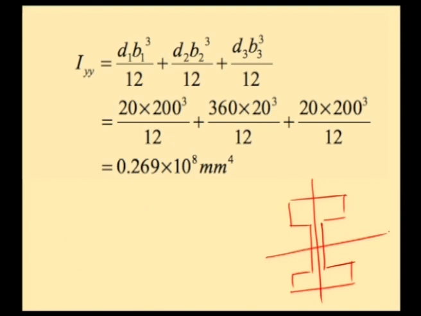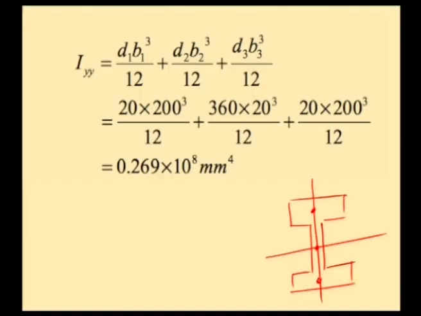If we take I yy, it can be easily computed, because the axis yy passes through the C G of all the elements. The I section comprises top flange, bottom flange and a web, while our y axis passes through the C G of all the 3 sections, and hence self moment of inertia about the yy axis will be useful in computing the moment of inertia with respect to yy.